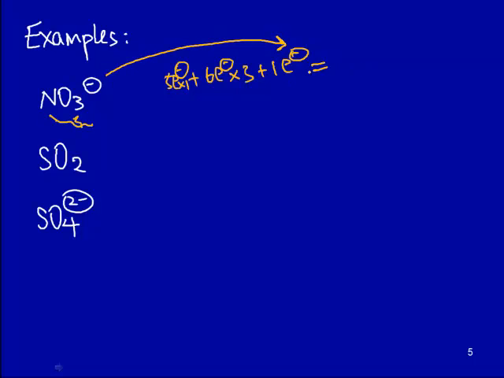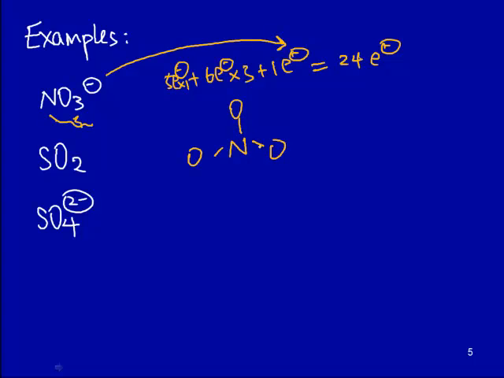The total number of valence electrons will be 24. And then which one should be in the middle? The nitrogen should be in the middle.